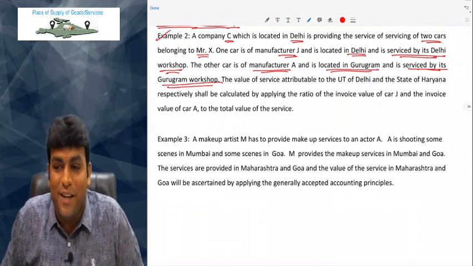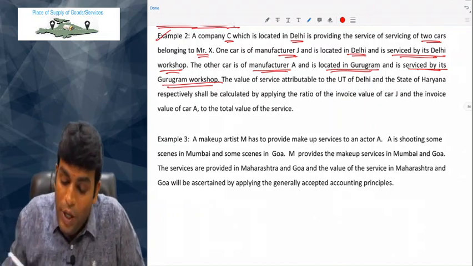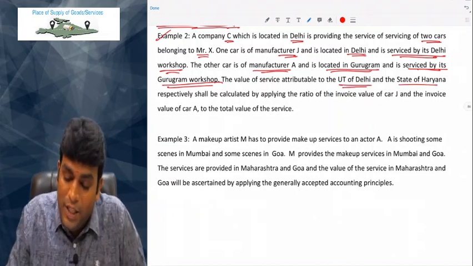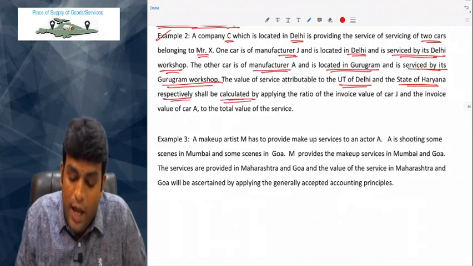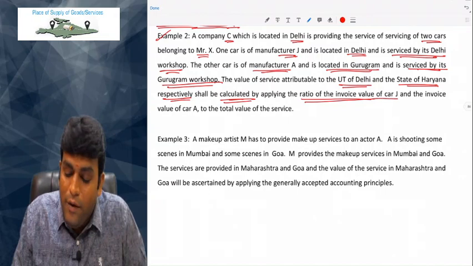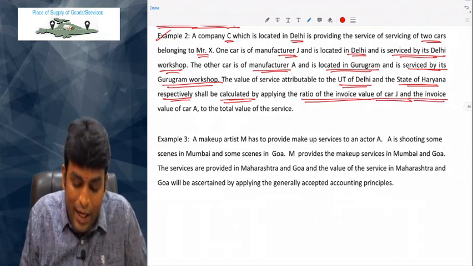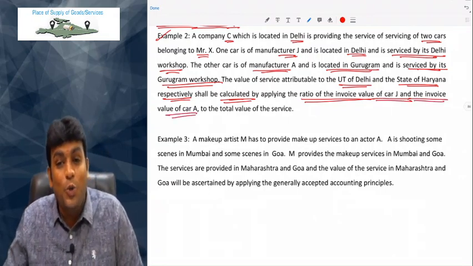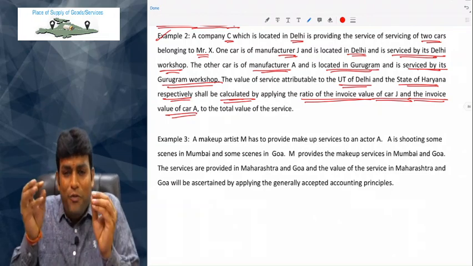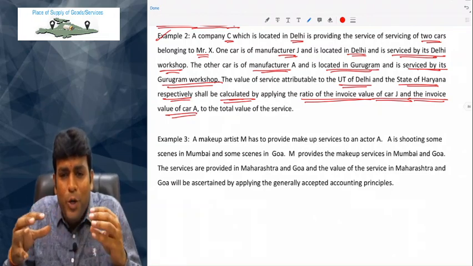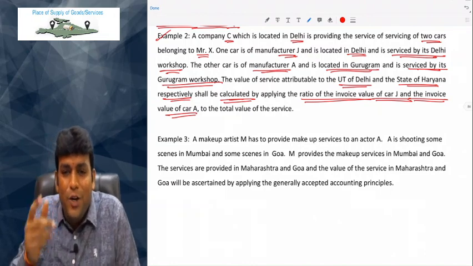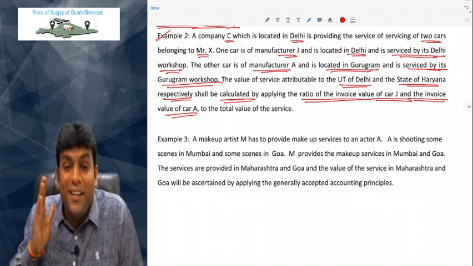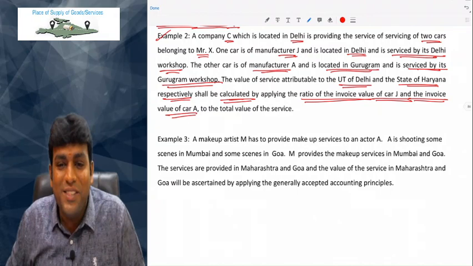The value of service attributable to UT of Delhi and the state of Haryana, respectively, shall be calculated by applying the ratio of invoice value of car J and invoice value of car A to the total value of service. So the value of service is apportioned in the ratio of the value of the goods.